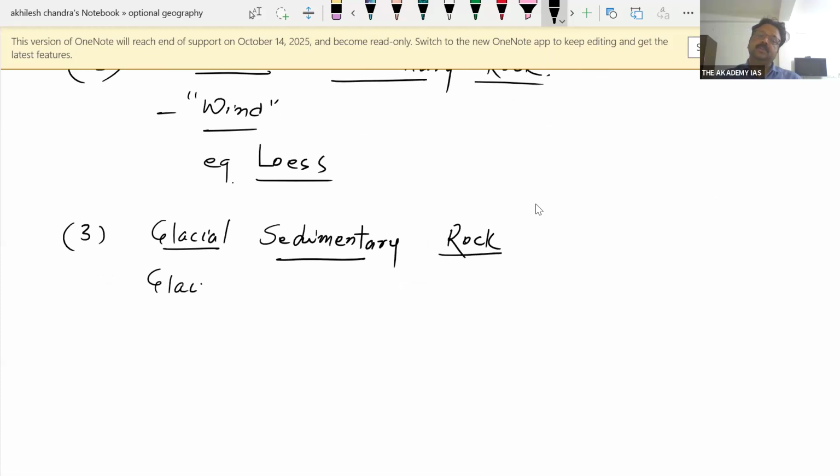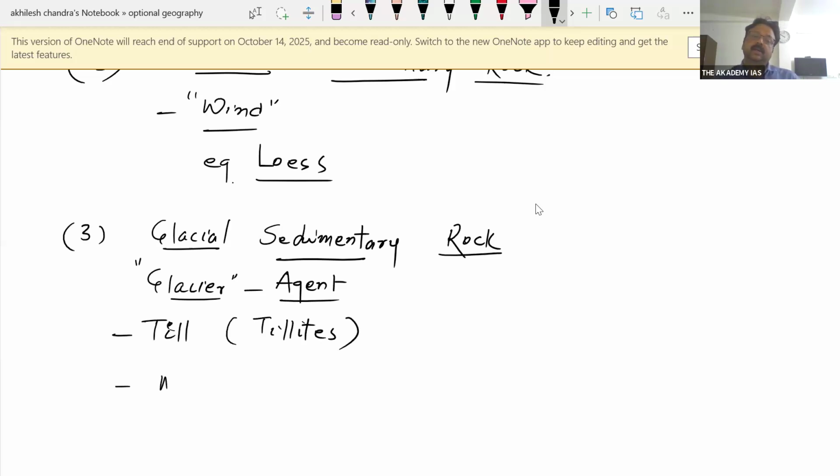Glacier is the transportation agent, the active agent of transportation and erosion. And the glacial deposit that becomes compacted is either till, which you call tillites, or it may be moraine. So tills and moraines are glaciated sedimentary rocks, glaciated in origin.